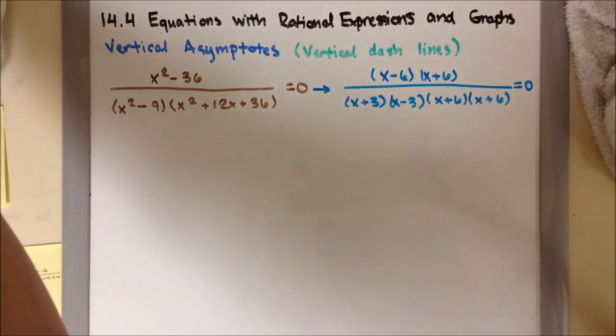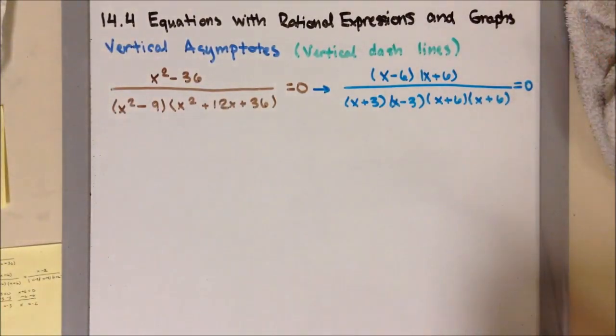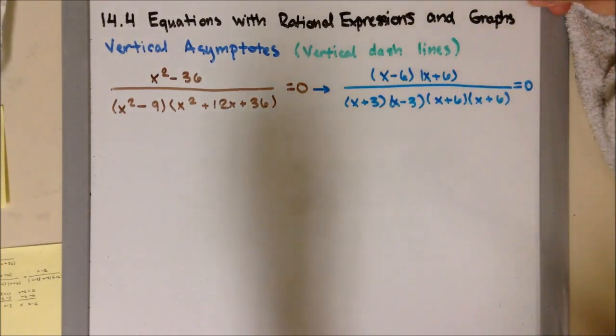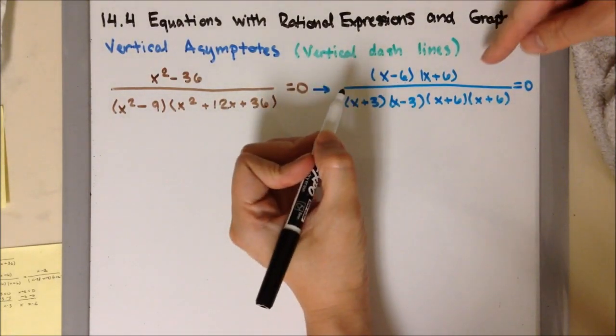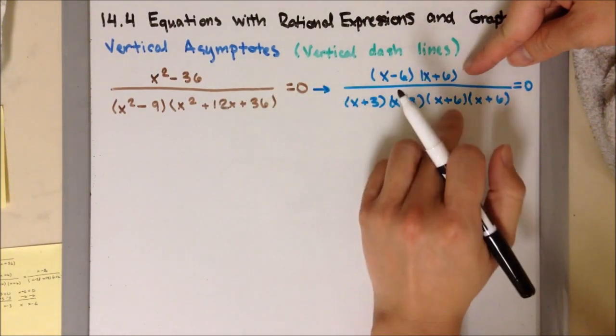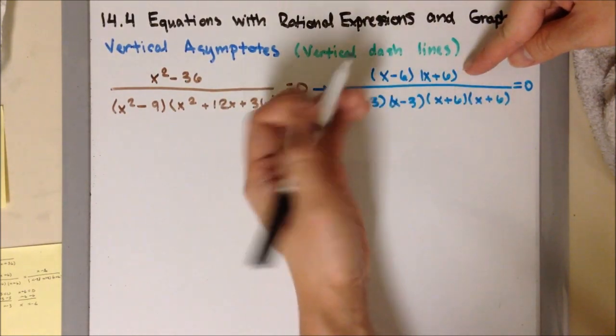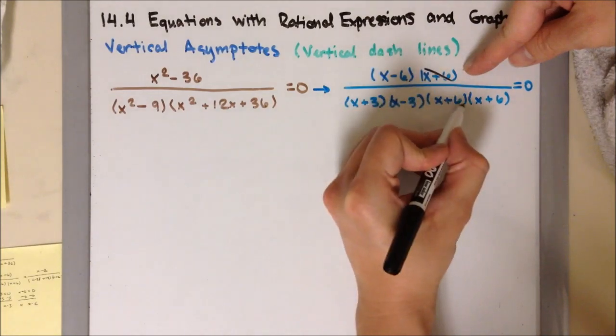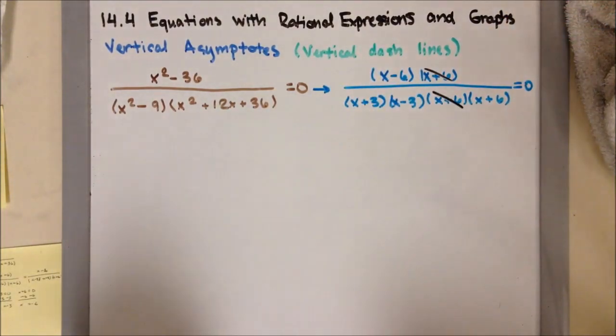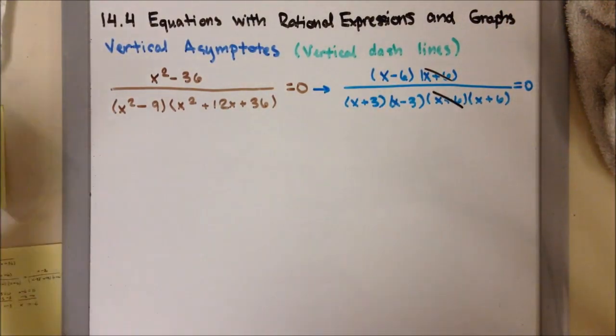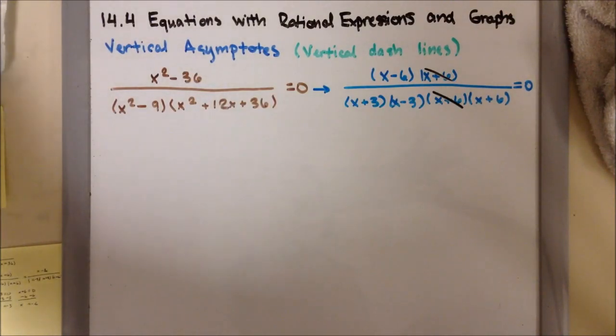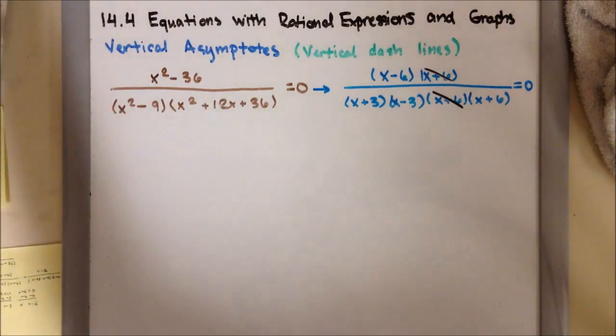Step 2 is to simplify, meaning I'm going to divide common factors from the numerator and denominator, meaning I'm going to cross it out. So I have 1 x plus 6 in the numerator and 1 x plus 6 in the denominator. So I'm going to cross them out. I'm going to divide them, and they're going to become 1. So when I do that, I'm going to simplify even further. Just going to write out the factors that I did not divide or cross out.